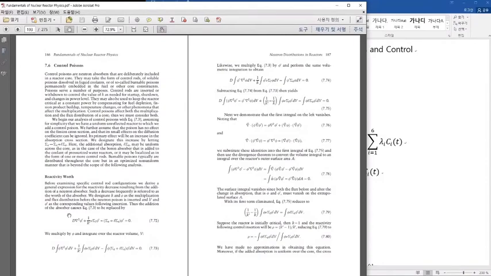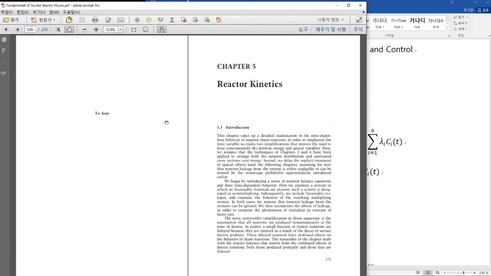Let's go back to page 115. So last week we finished chapter 5, the title of which is Reactor Kinetics.